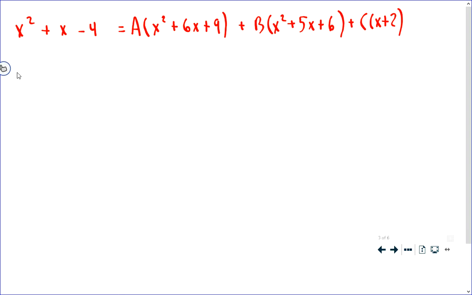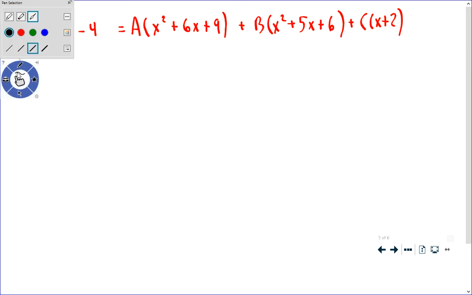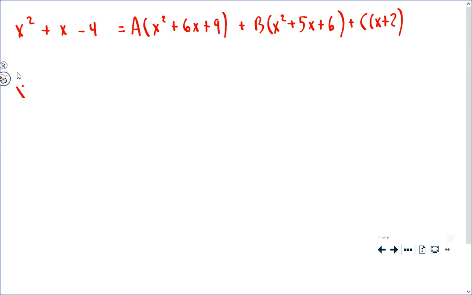So now I'm going to expand it out entirely. I have x squared plus x minus 4 on the left-hand side. And then I'm going to multiply that a through that trinomial and get a times x squared plus a times 6x, which I'm going to write as 6ax plus a times 9.